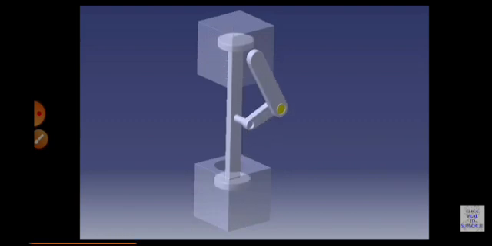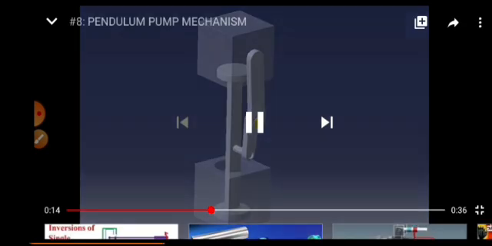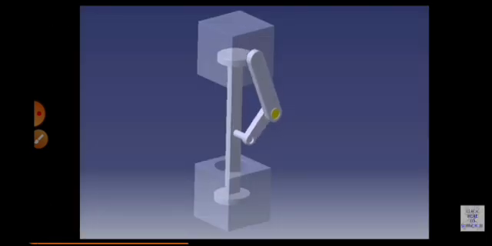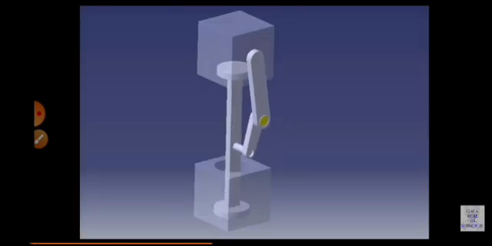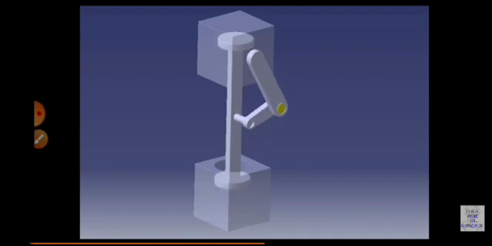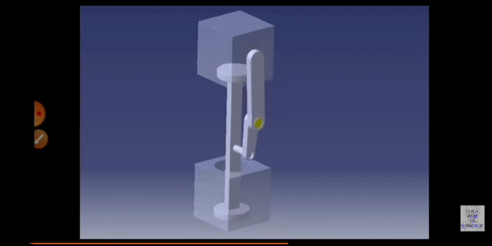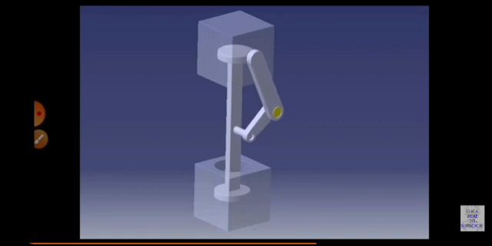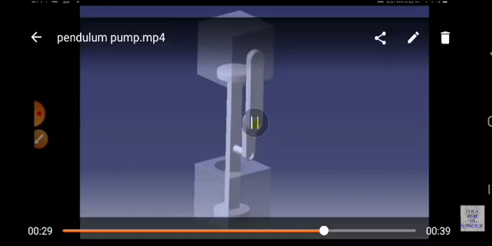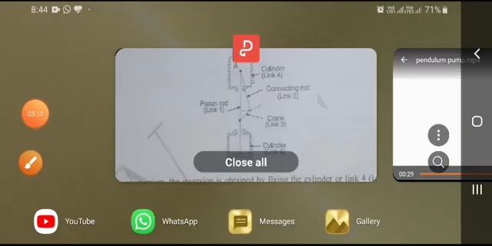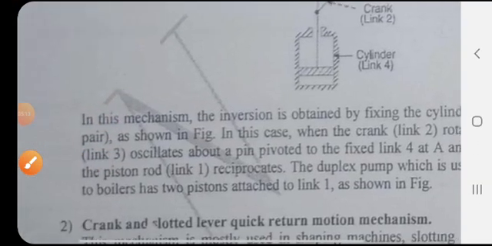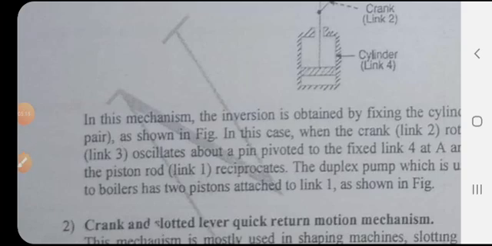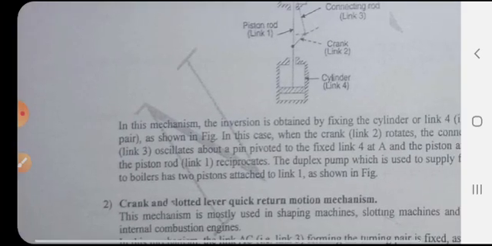The crank starts its rotary motion, and the connecting rod oscillates about a pin pivoted to the fixed link 4, that is the cylinder. I hope you understand how the pendulum pump works.